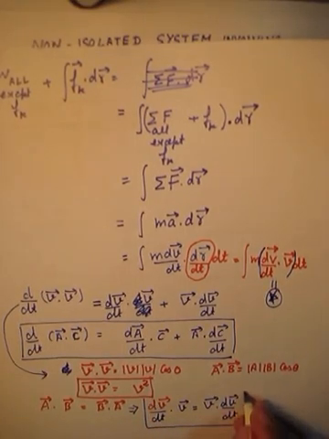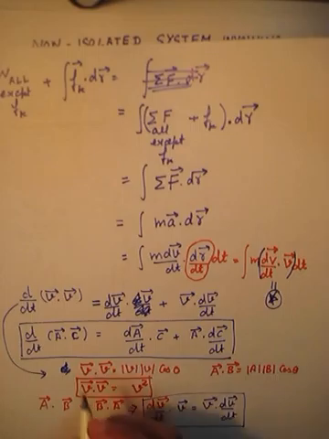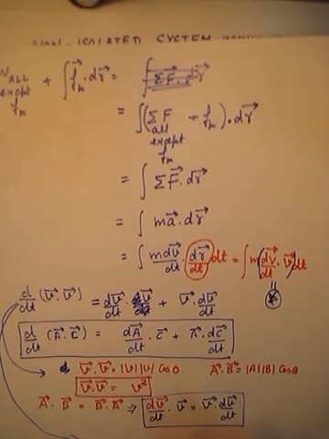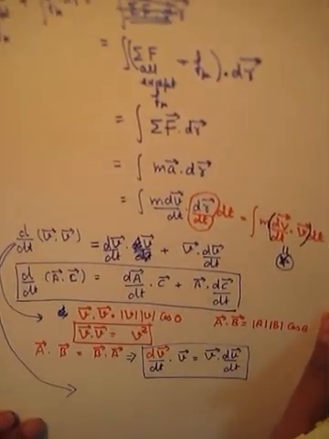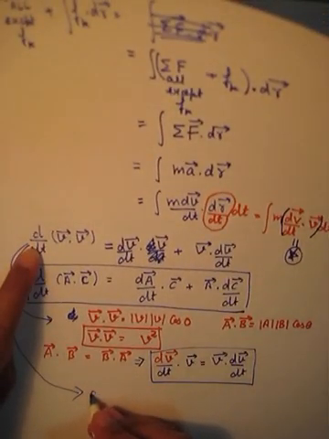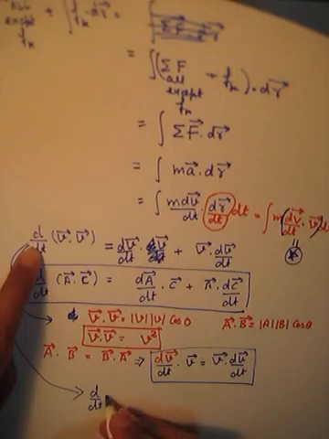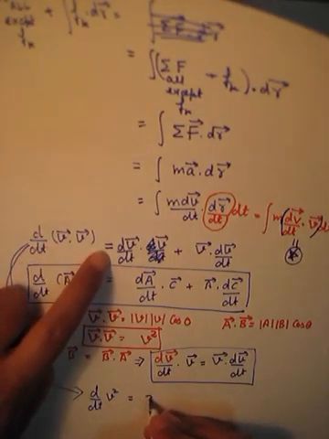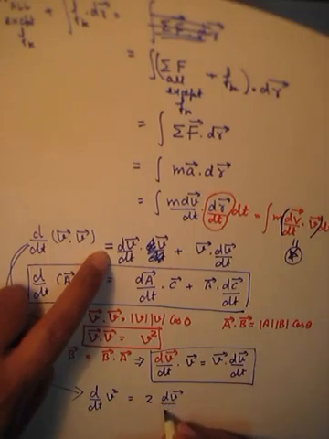So you can use this also. So use both of them in this equation, and what we'll get is d upon dt of V squared must be equal to twice of dv vector upon dt dot v vector.